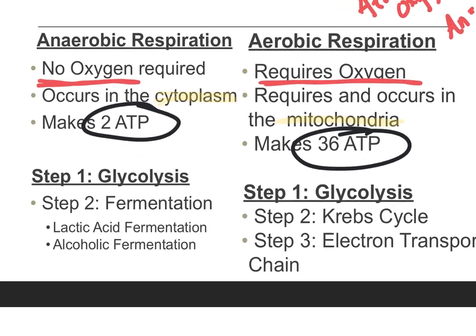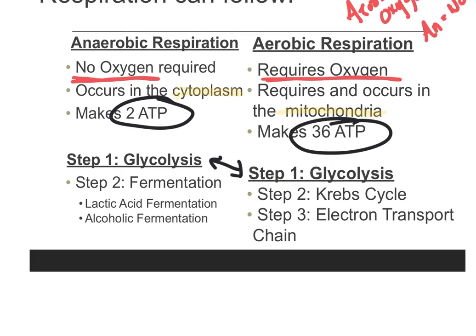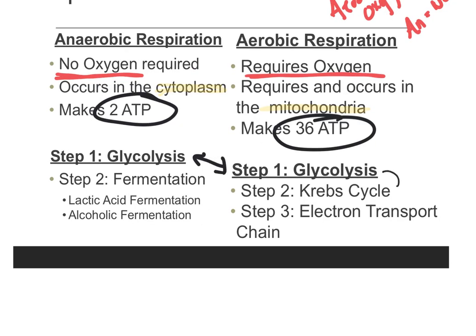Both processes use the first step, glycolysis, which we're going to go into. But if oxygen is available, it goes into the mitochondria, where it goes through the Krebs cycle and eventually the electron transport chain.